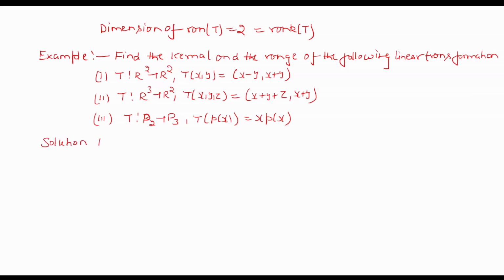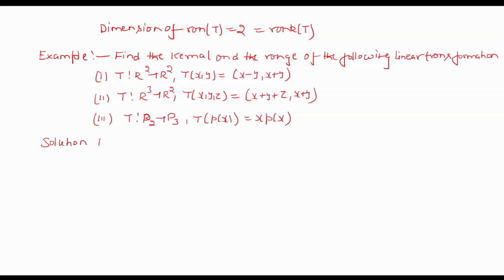Now let V, the vector (x1, x2), belong to R square, and suppose T of V is equal to 0. That is, V belongs to the kernel of T. So we will find all those V such that T of V is equal to 0.